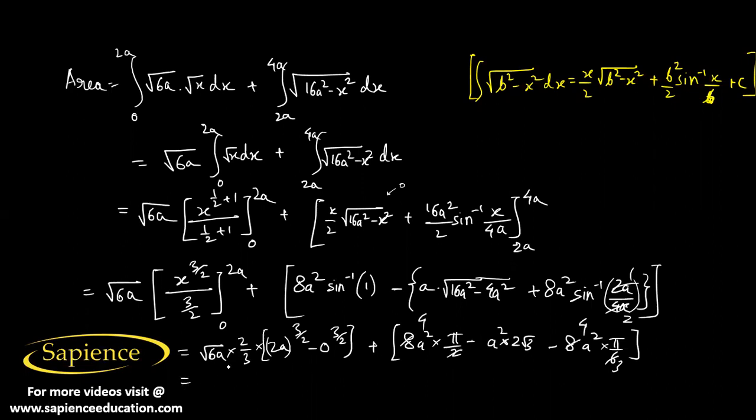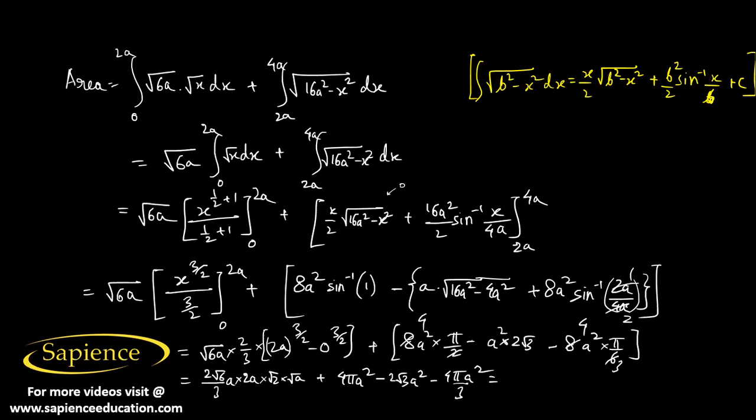So this will be your 2 root 6 by 3 times 2a times root over 2a, so root 2 into root a. Okay, so plus this will be your 4 pi a square minus 2 root 3a square minus 4 pi a square by 3.